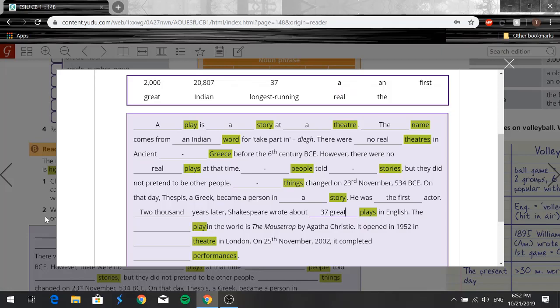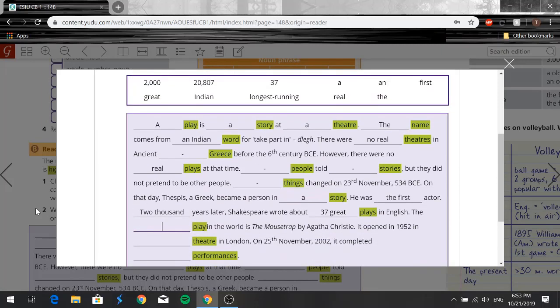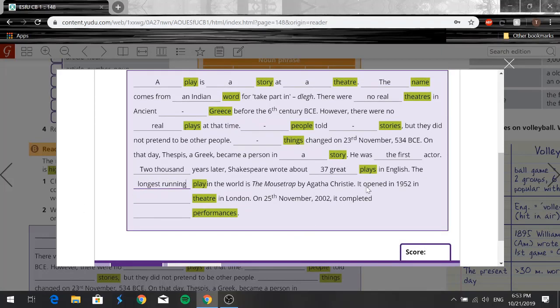So 37 great plays in English. The dash play in the world is The Mousetrap by Agatha Christie. So we'll say the longest, do we have longest running? Yes, we do. So the longest running play in the world is The Mousetrap by Agatha Christie. It opened in 1952 in, we'll say a theater in London.